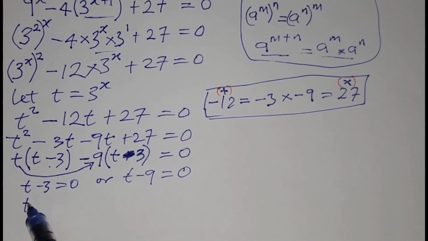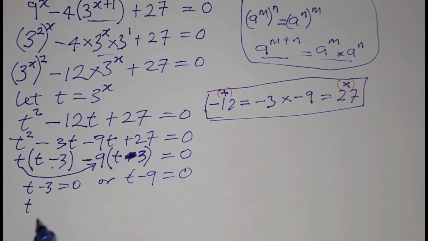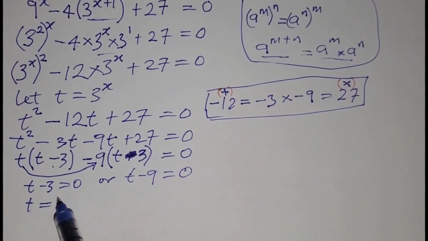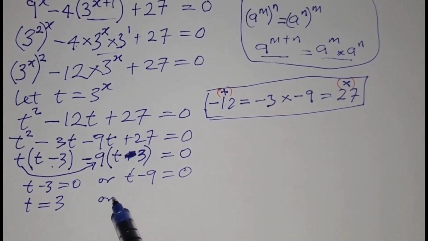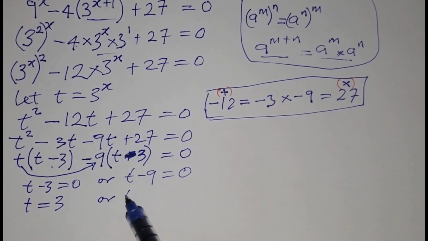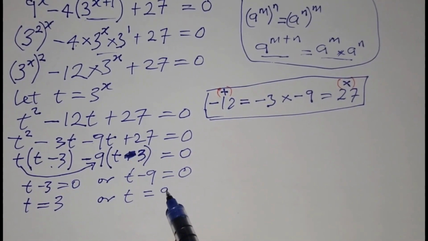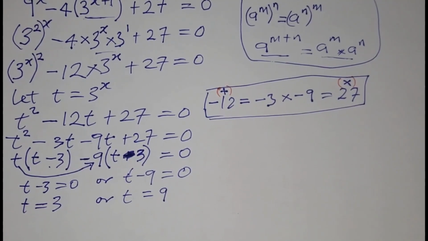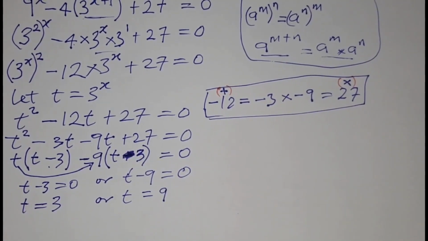When you add 3 to both sides, you have t equal to 3, or if you add 9 to both sides, you are going to get t equal to 9.